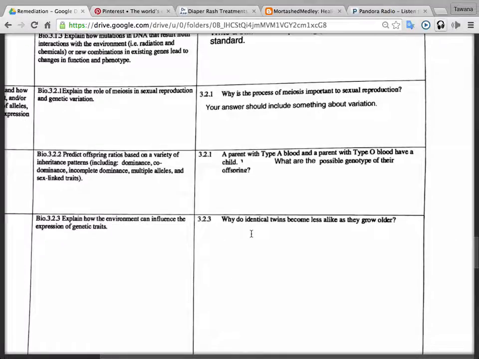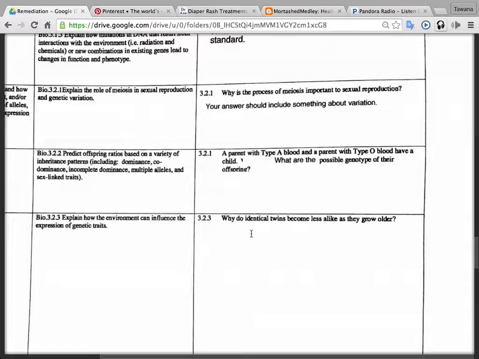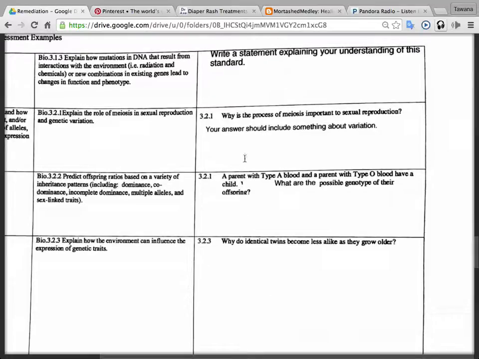Who's up next? Come on, Cam. Changing the DNA sequence. Read the question, Cam.